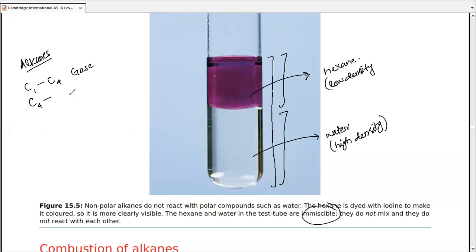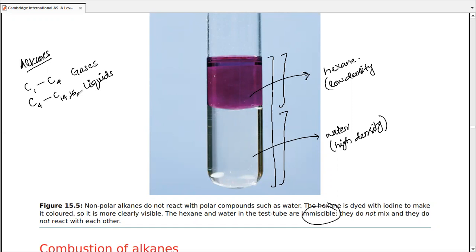From C4 roughly all the way to sometimes C14, some books say C16, they are liquids, some thinner and lighter, some thicker and heavier. Up to C10 or C11, we have thinner, lighter liquids, and from C10 to C14 or C17, some are thicker liquids.